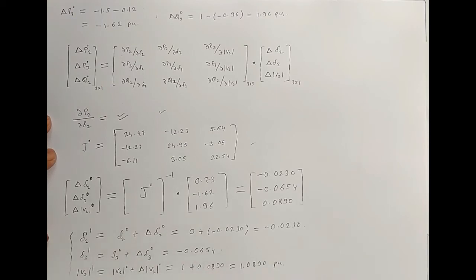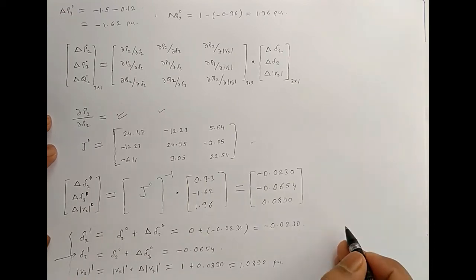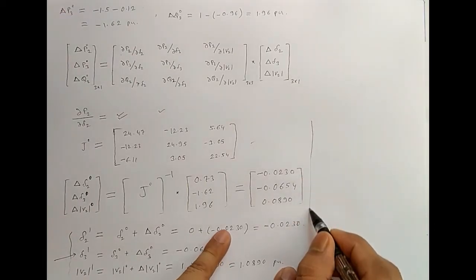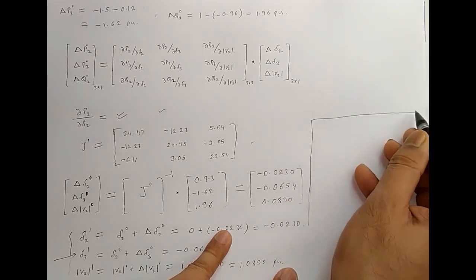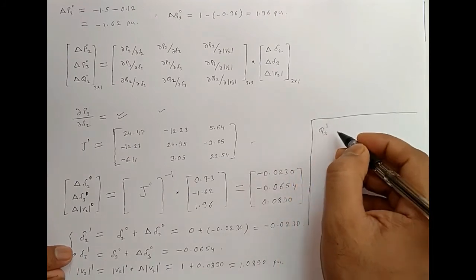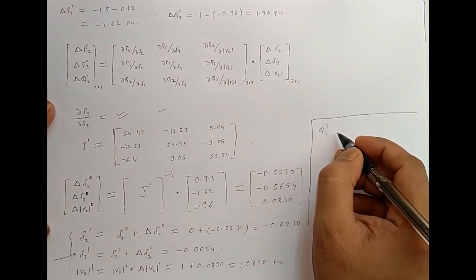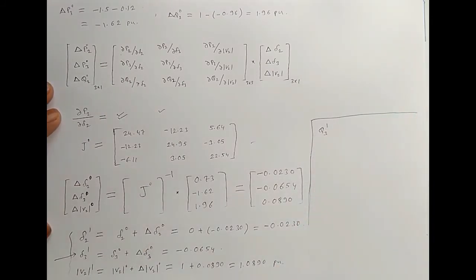Now in the problem, since the Q limit is given for the PV bus, that is bus number 3, with the help of this Q31 we have to check the limit, that is, whether Q31 is within the limit or not.